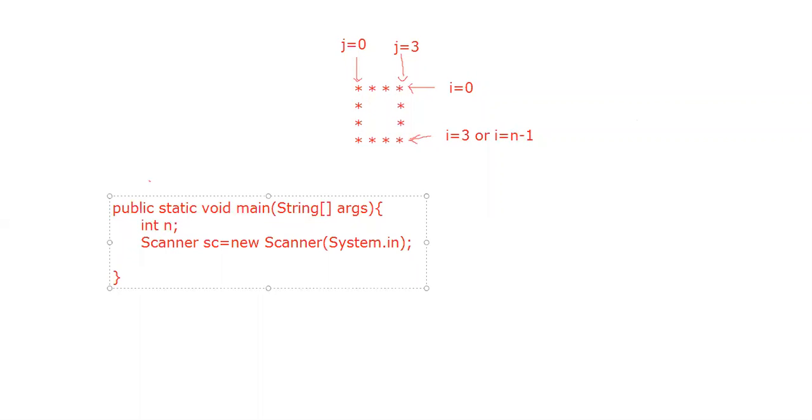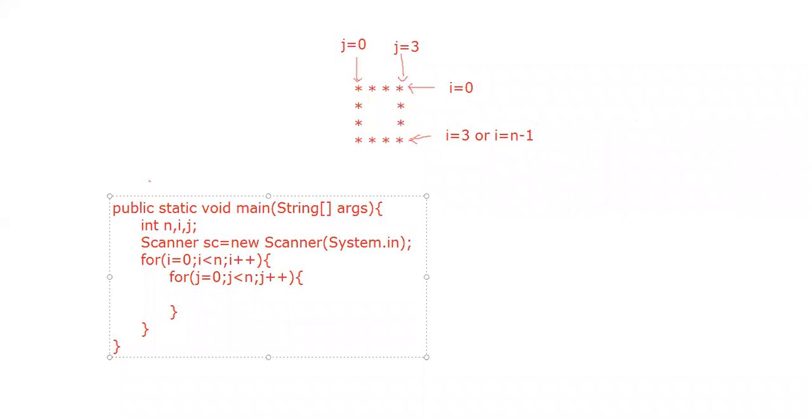Then we will have the variables I and j. These will be the loop variables. So for I equal to 0, I less than n, I plus plus. For j equal to 0, j less than n, since number of rows and number of columns are same, therefore the inner loop will run till n, j plus plus.